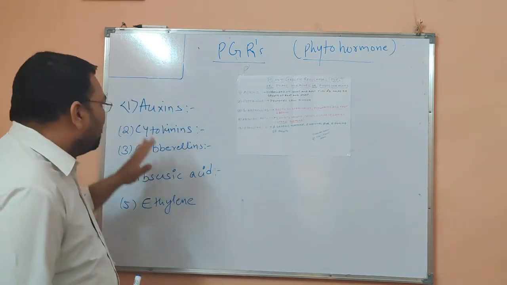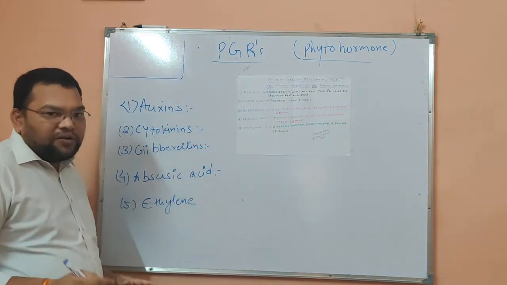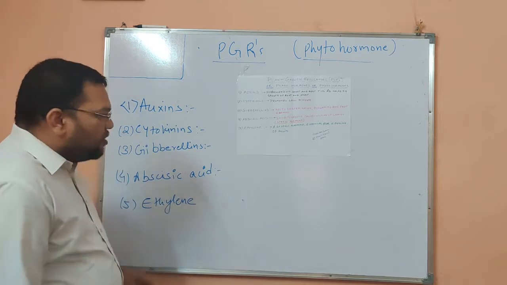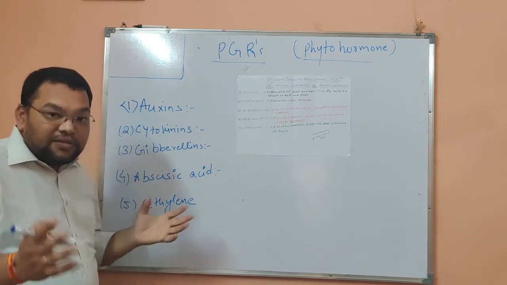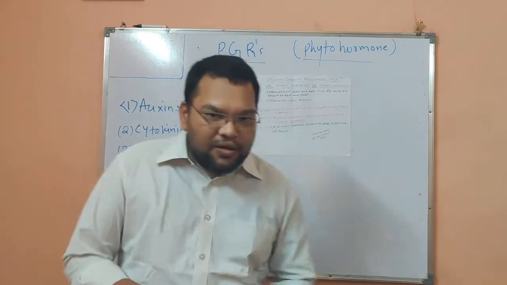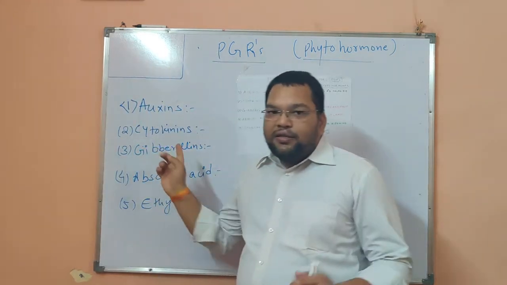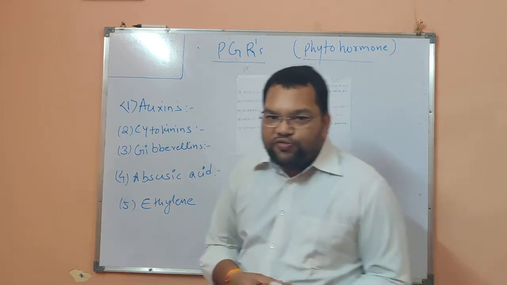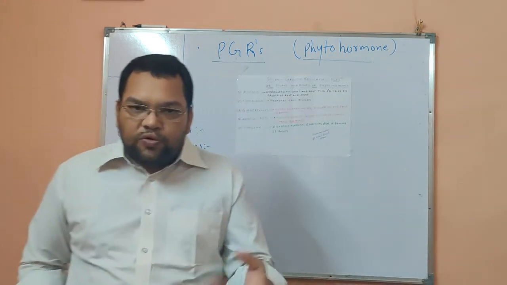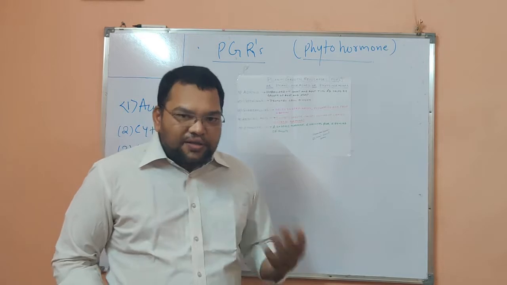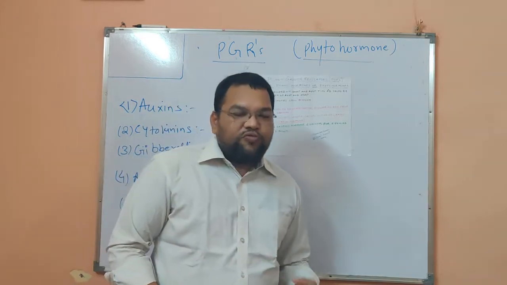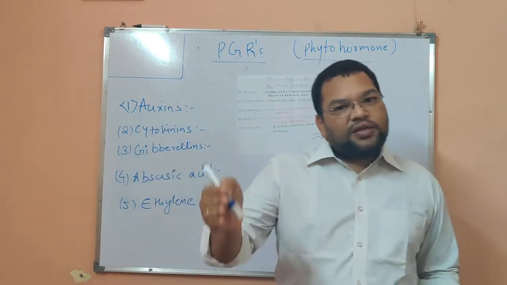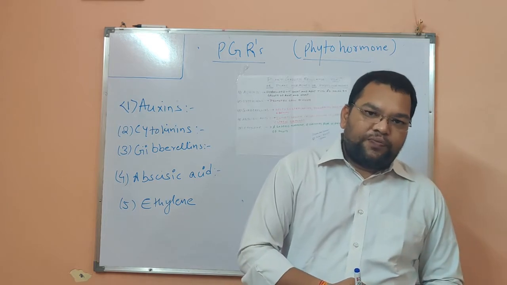Now, so there are 5 types of plant growth regulators we have to study. Now the first is the auxin. This is the class of plant growth regulators. That means in auxin there are many hormones. Okay, now what is a hormone first? Hormones are the chemicals which are released by the organisms which perform a very specific function in the organism.